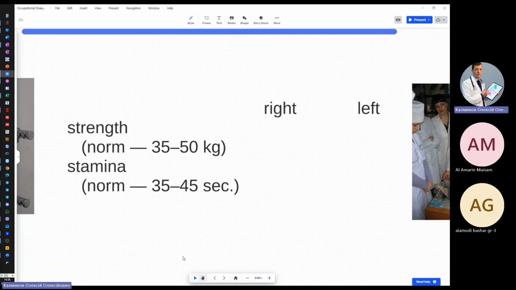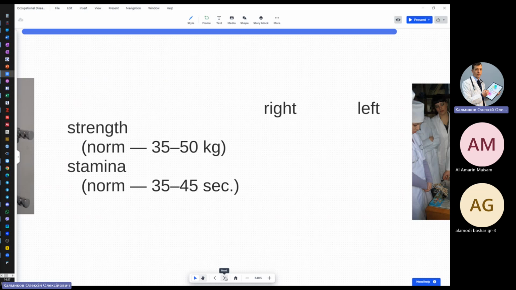So we may locate the locus morbi, right? Be sure where there are the most significant changes and act with our treatment more smartly.